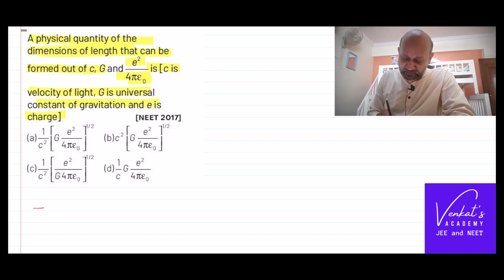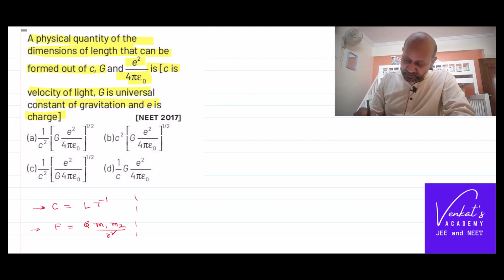So, we know c is the velocity of light, which is rate of change of displacement, L t power minus 1 for c, right. Then universal gravitational constant G, which is obtained from Newton's law of gravitation, F equal to G m1 m2 by r square. You write the dimensions for each of them. F is force, ma, that is M L t power minus 2.